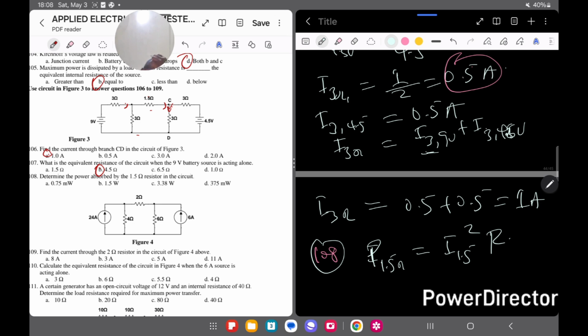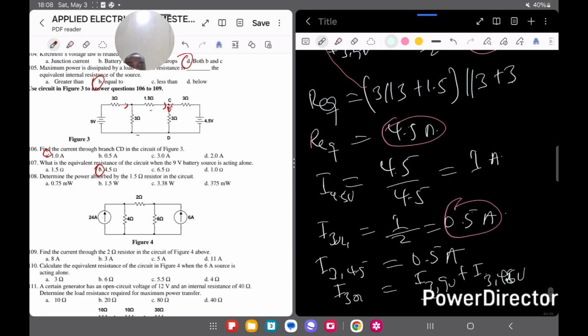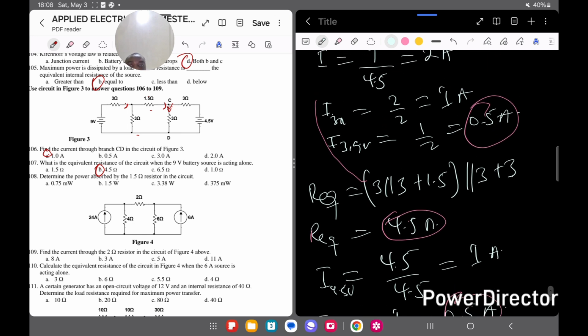To get the current which is passing through 1.5, if you look well, the first instance we calculated, we got 2, right? And with that 2, because this here is 3 and the equivalent resistance for this part was 3, we got 1.5.